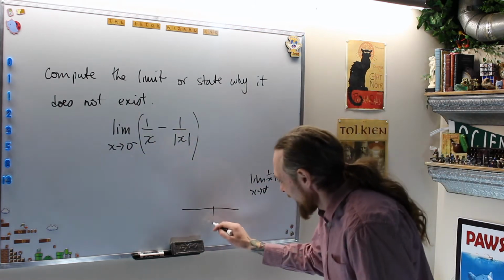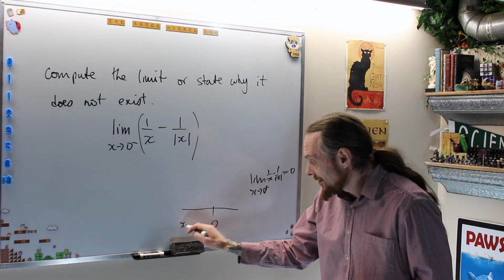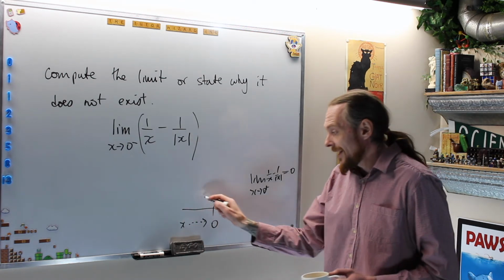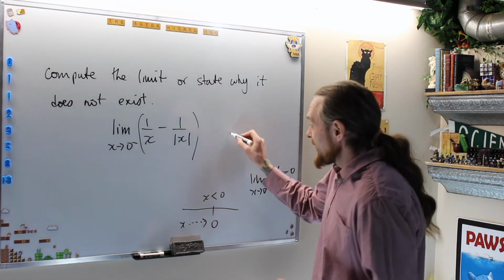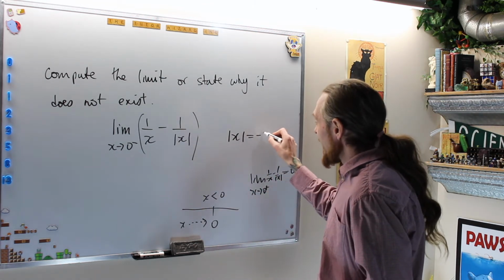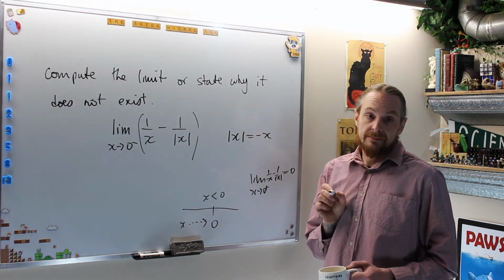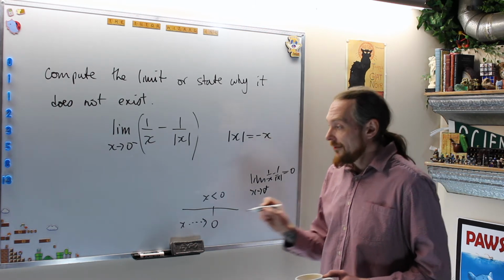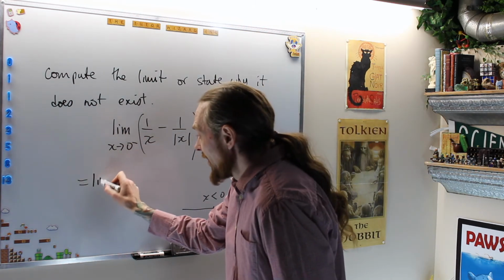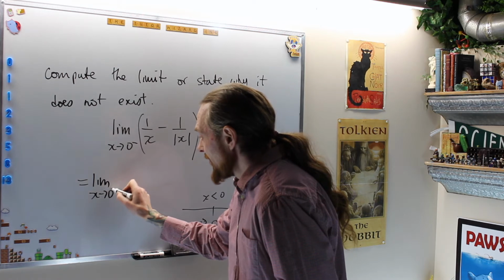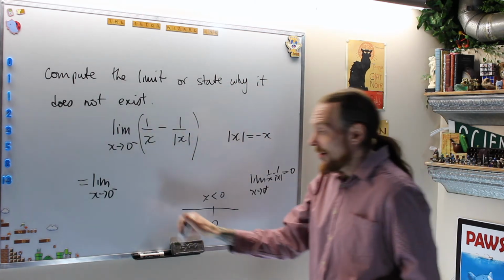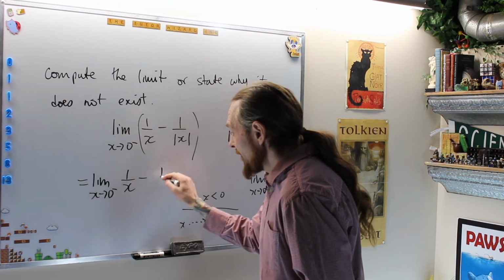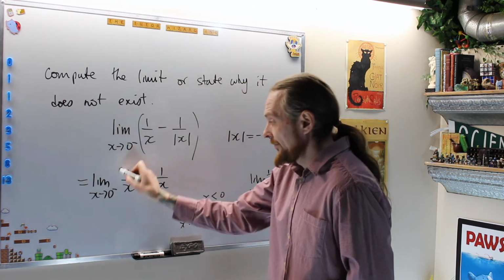Now what that's saying is, again, I'm at 0. x is approaching 0 from below. So that tells me immediately x is less than 0. When x is less than 0, the absolute value of x is negative x. That analysis allows me to get rid of the bars in my limit, which gives me the limit as x approaches 0 from below of 1 over x minus 1 over negative x.